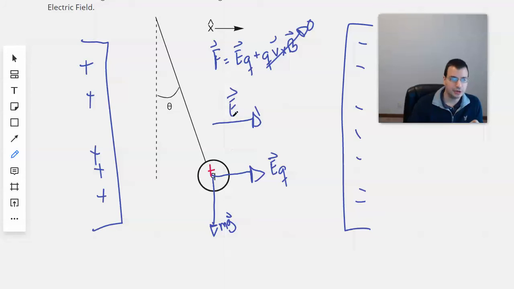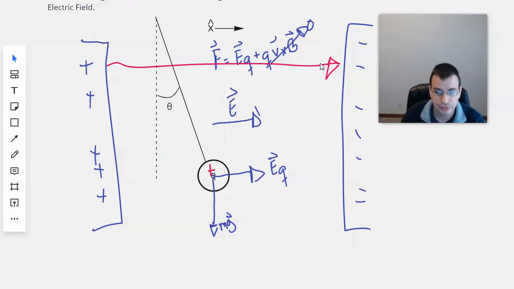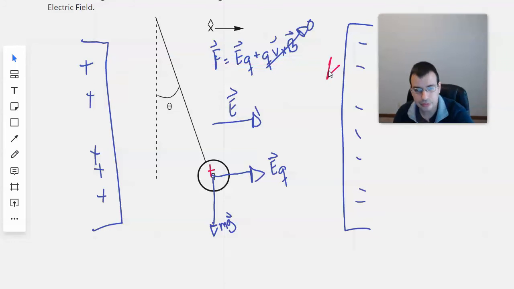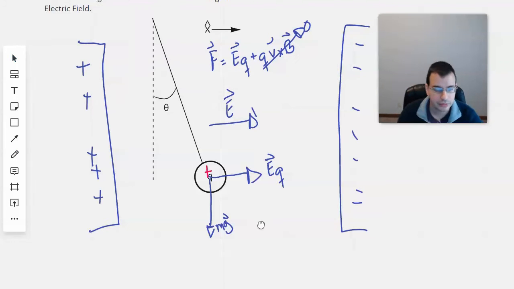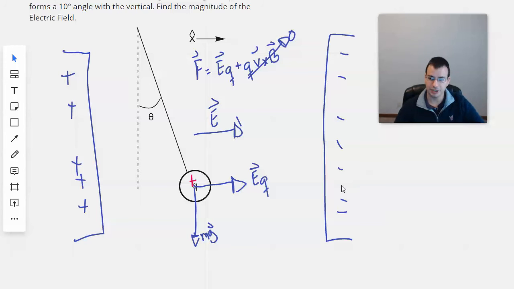And so when they say we have an electric field in the positive X direction, this direction, we can then draw the 2 parallel plate capacitors with the convention that the electric field starts from the positive and terminates at the negative. Drawing the parallel plate capacitors helps keep the whole concept in check.